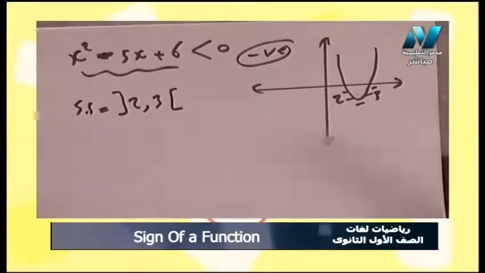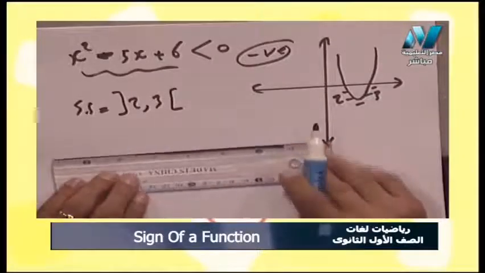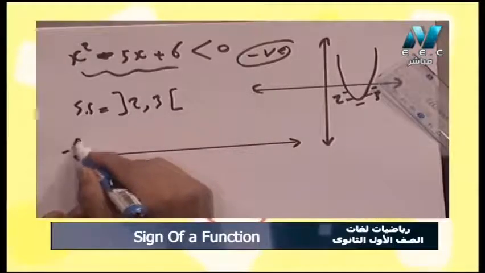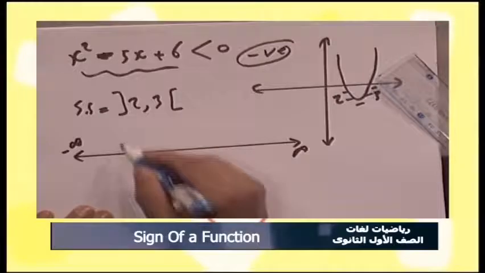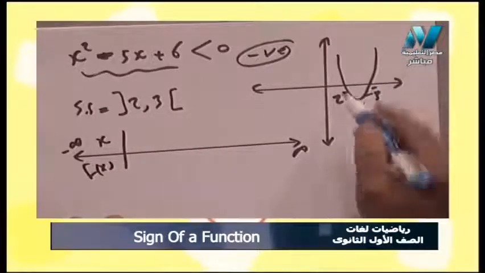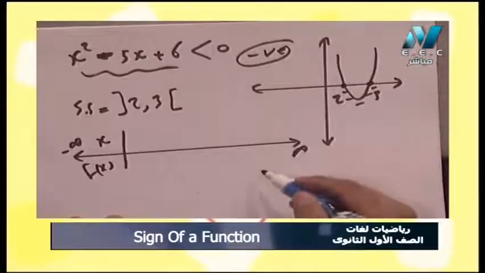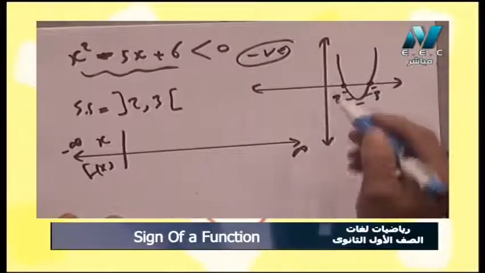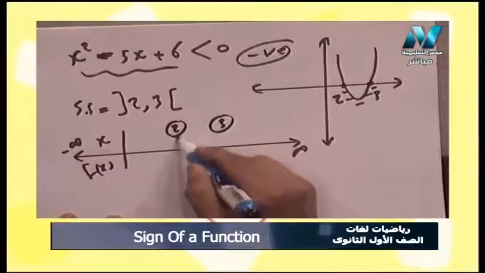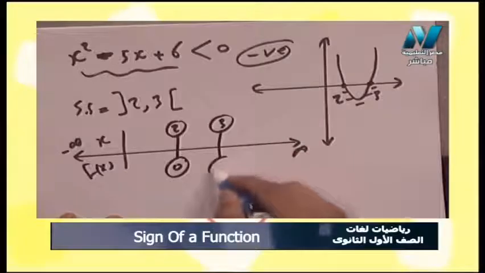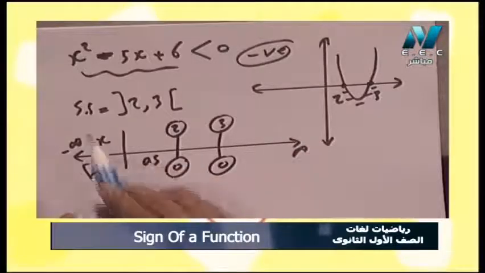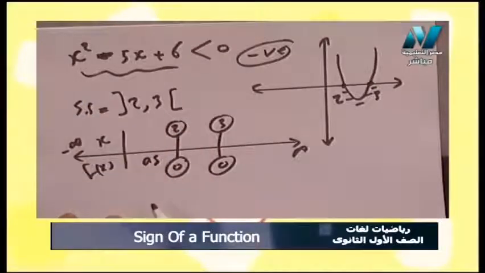And if we discuss this using the number line, we draw it like that, from negative infinity to infinity, with x and f(x). We know the function has two roots, 2 and 3. At 2 the function is 0, at 3 the function is 0, and the signs are opposite to the coefficient of x power 2.